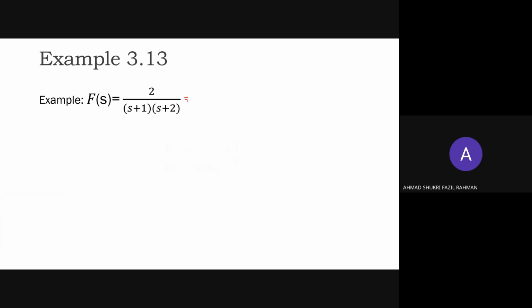Instead of S plus 1, the equation here is K1 over S plus 1 plus K2 over S plus 2. We already know K1, so right now we want to find K2. So repeat the whole thing, but right now the whole equation needs to be multiplied by S plus 2.